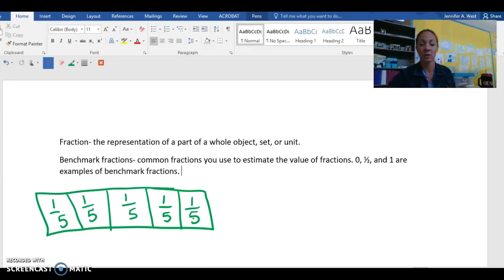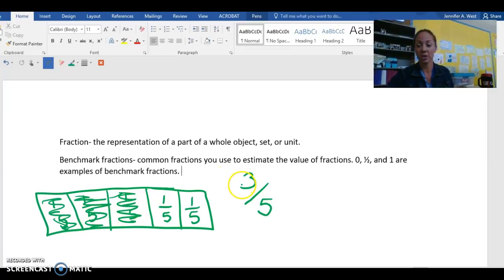So there's our box that is all divided into 5 equal parts. If we're supposed to shade 3/5 of this, we would color in 3 of the 5 boxes. So there are 5 parts in the whole, and 3 parts are shaded.